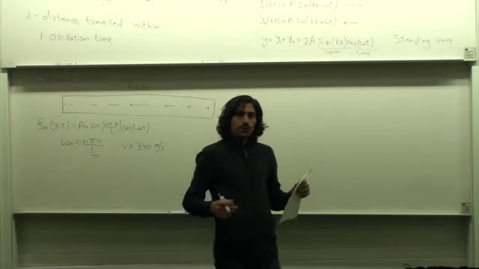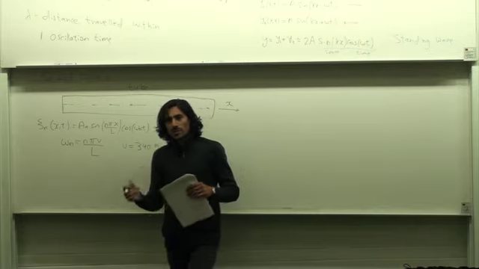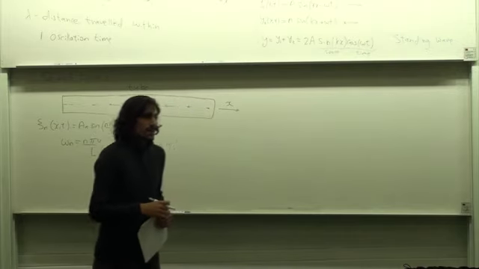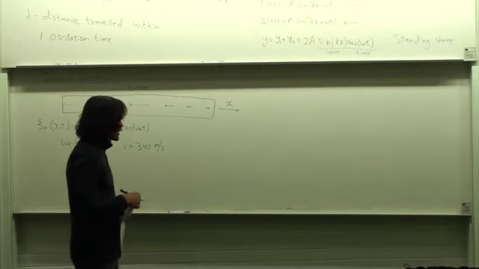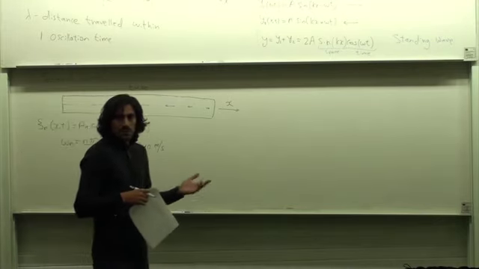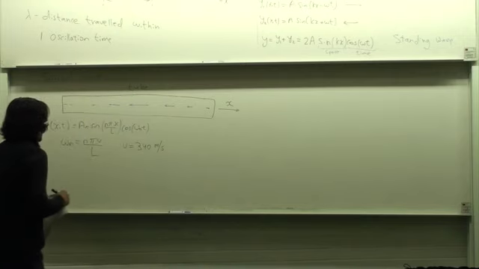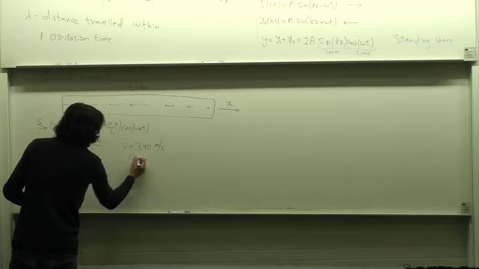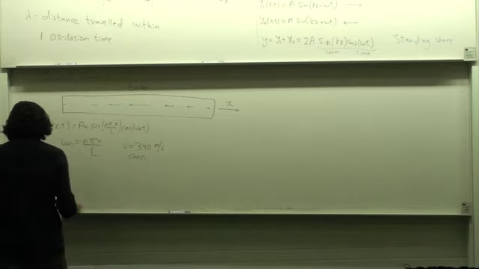Before, we could play with the tension, we could play with the masses, and we could change the velocity of the disturbance. Now the velocity, the speed of sound, is constant in air. So this is constant.